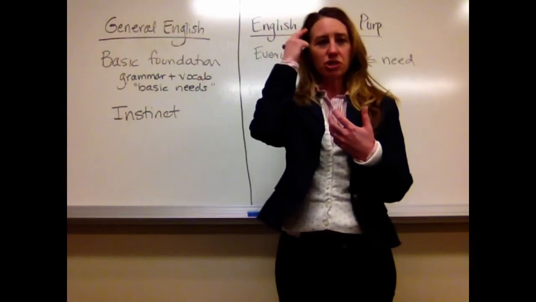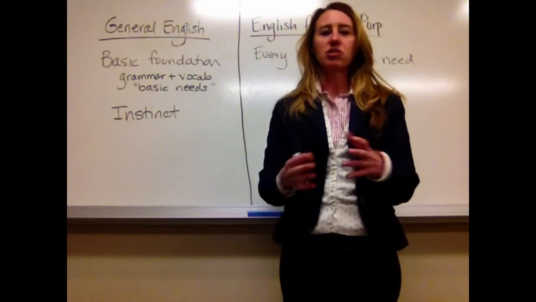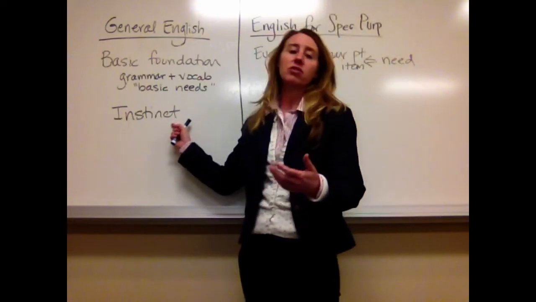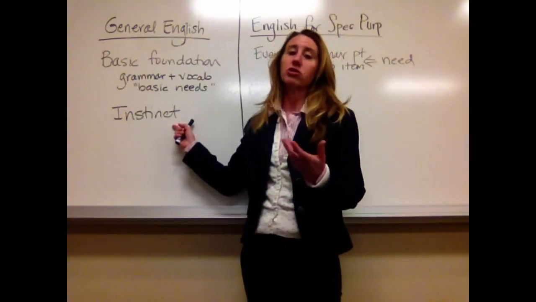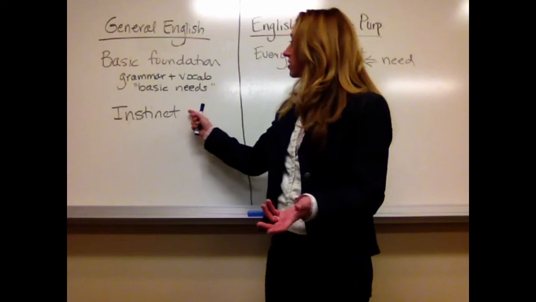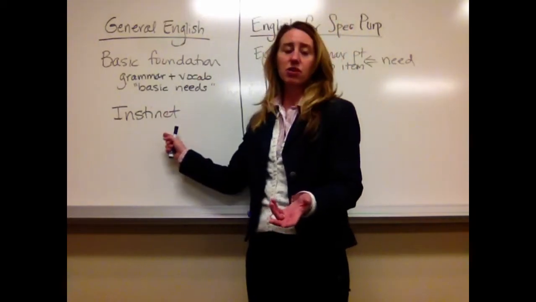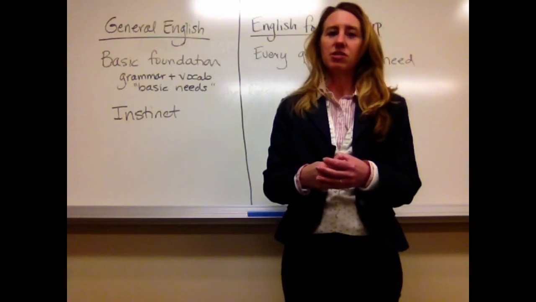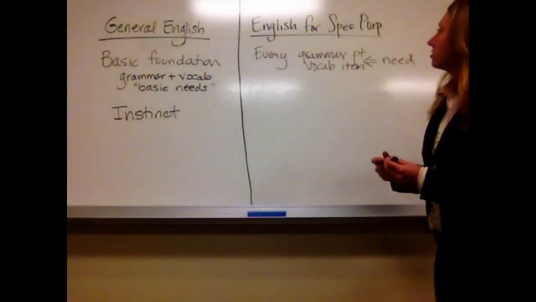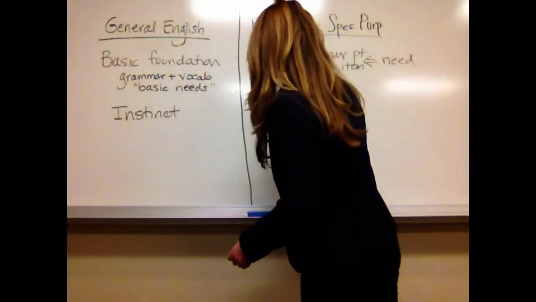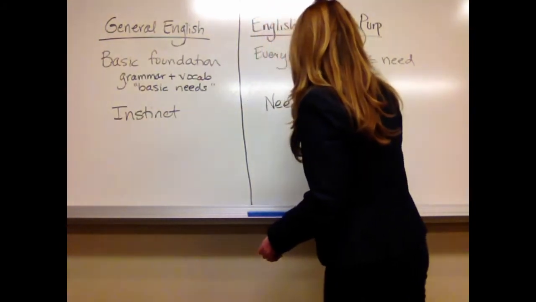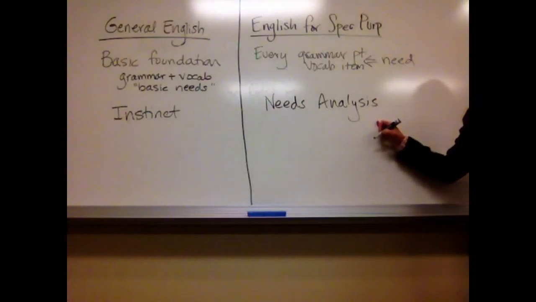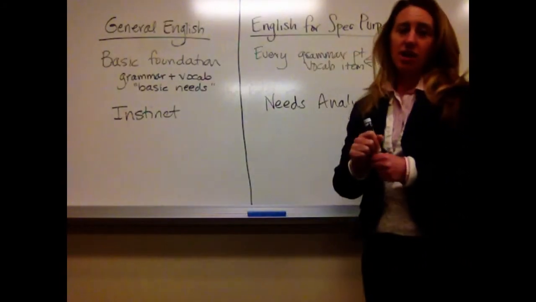The instructor just needs to look at the materials that they have to teach with and reflect on their own experience with language learners and the use of English. And so it's completely self-referencing, and usually it's designed on instinct alone. Whereas in English for specific purposes, every choice made in the class should come from some type of needs analysis.